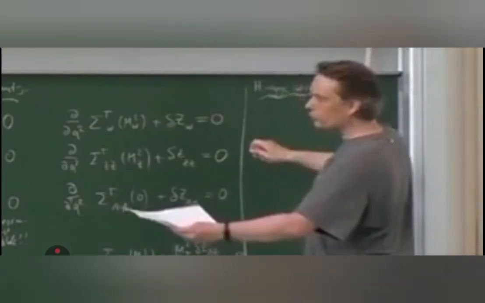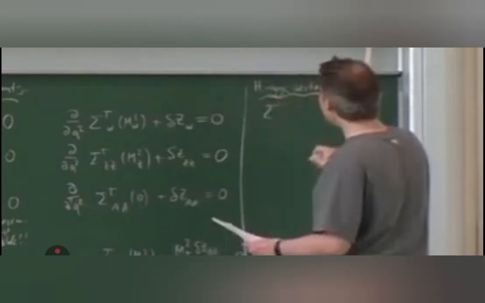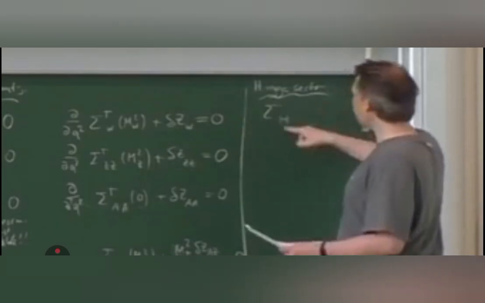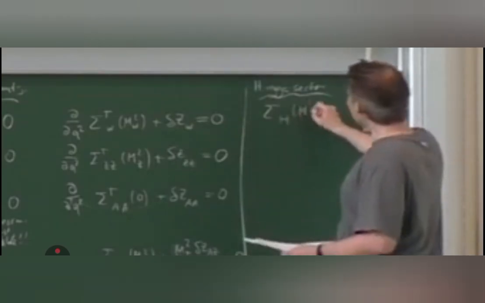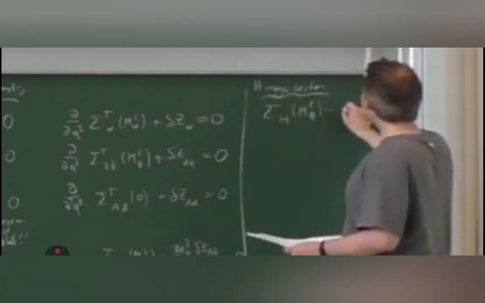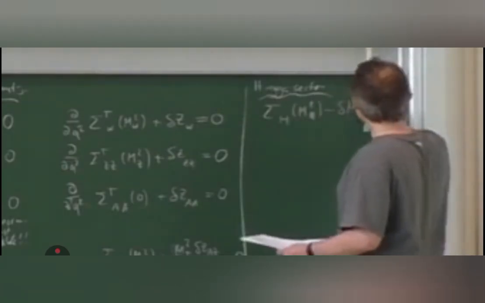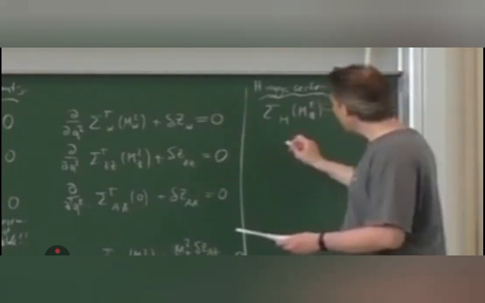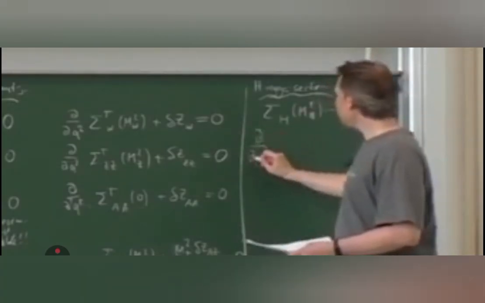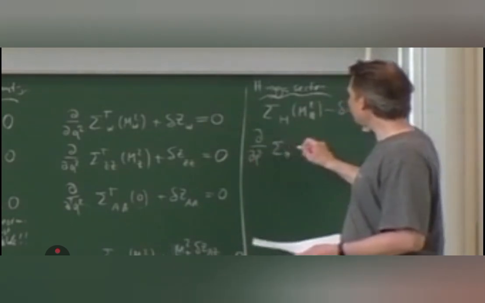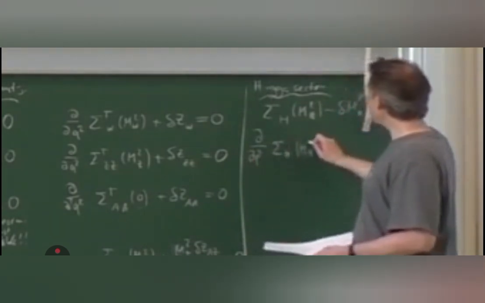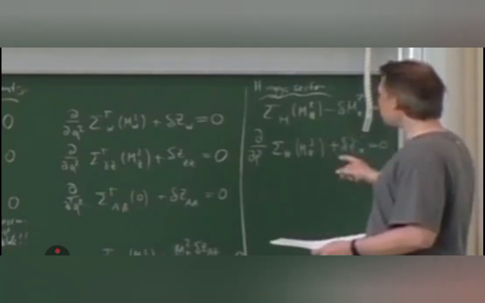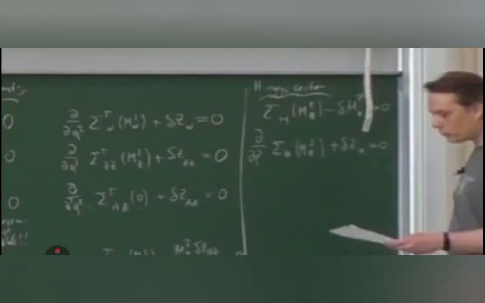So for the Higgs sector, we simply get, let me write it down immediately in terms of the self-energy, sigma without hat for the Higgs at the value m Higgs square minus delta m Higgs square equals 0. So that fixes, of course, the Higgs mass counter term. Similarly, d by d p square of sigma Higgs at p square equal m Higgs square plus delta z Higgs equals 0. That fixes, of course, the field renormalization constant for the Higgs.